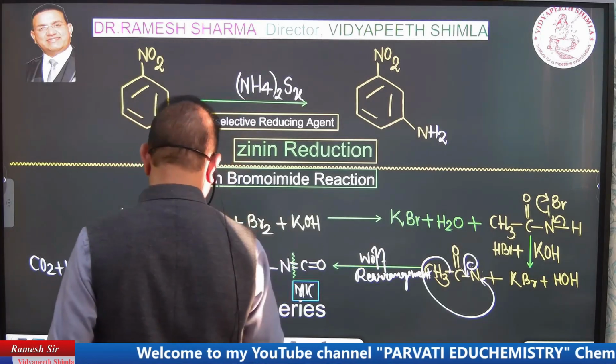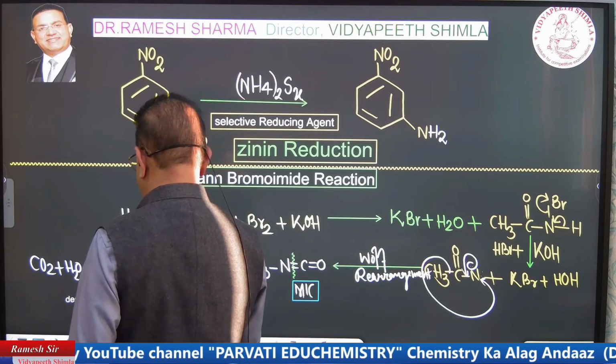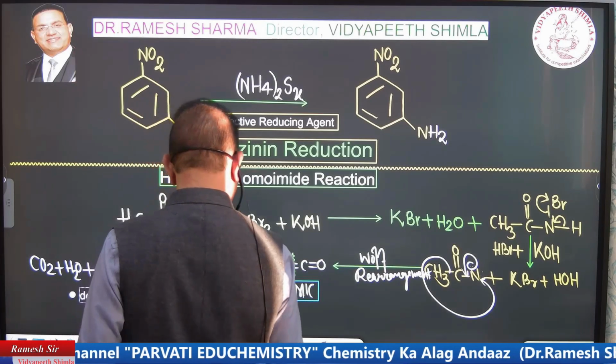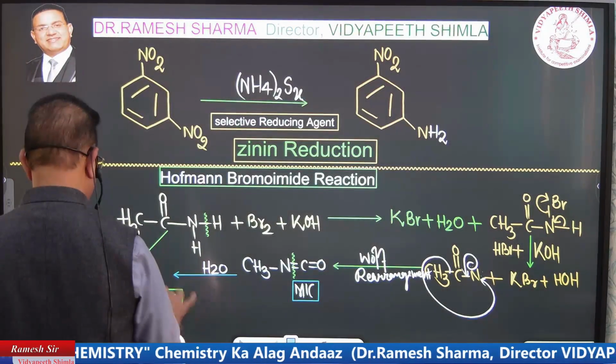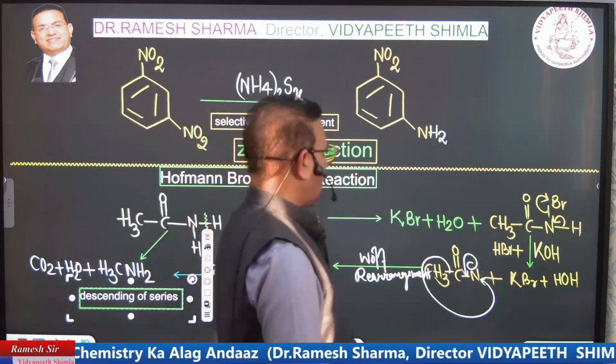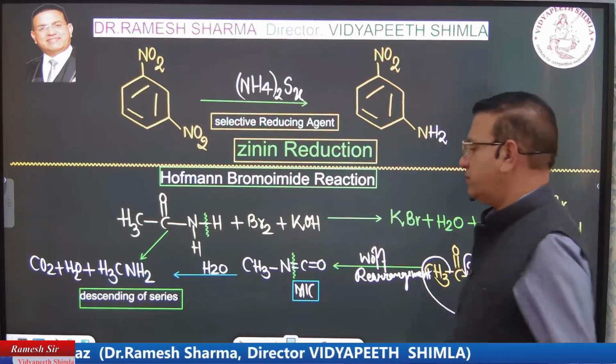Descending of series. And this reaction is called Hoffman-bromoamide reaction.